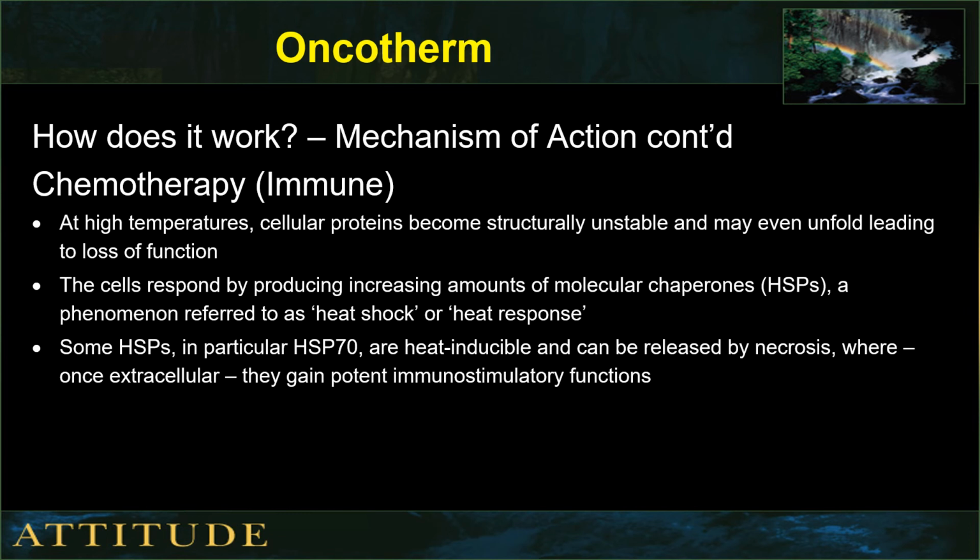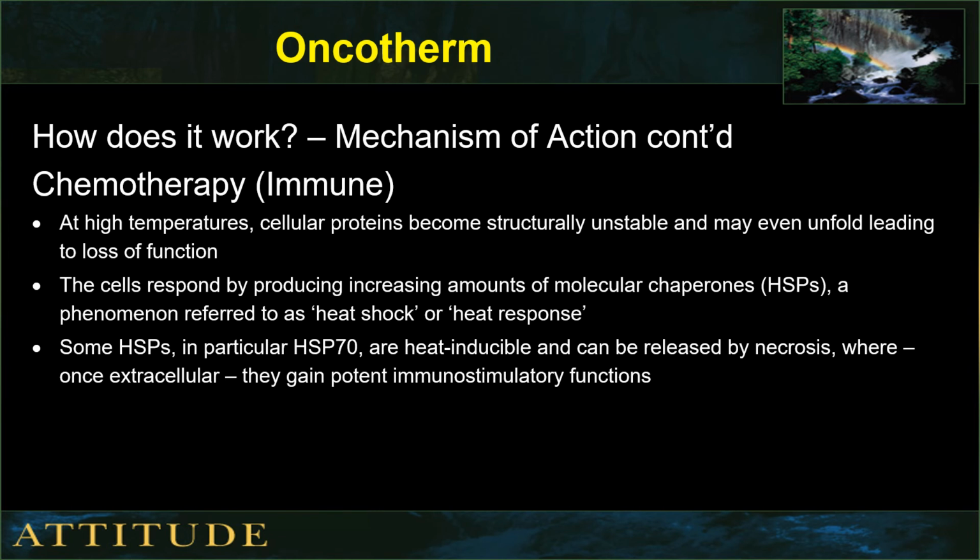Chemo targets the cancer cells by killing them, and by doing so, it creates necrosis. Now we are delivering the chemotherapeutic agent to that area, having much more impact on that tumor. Tumors start to die off, they become necrotic, and they start producing this HSP, heat shock protein 70.